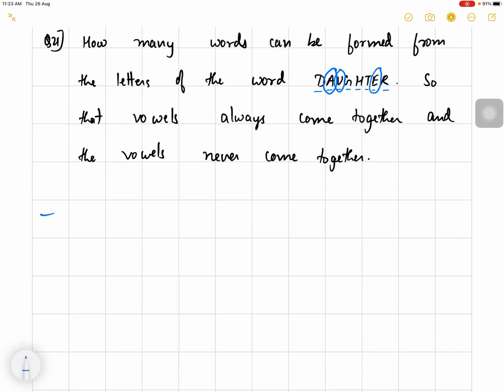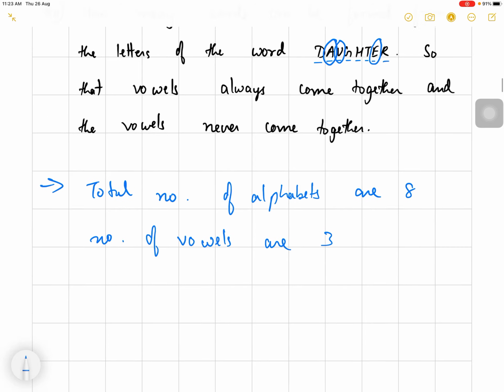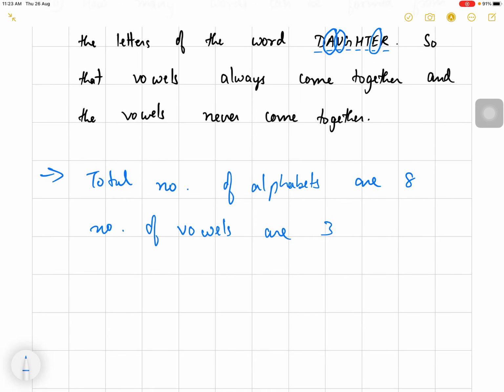So total number of letters is 8. Number of vowels is 3. Okay, so you consider A, U and E as 1.